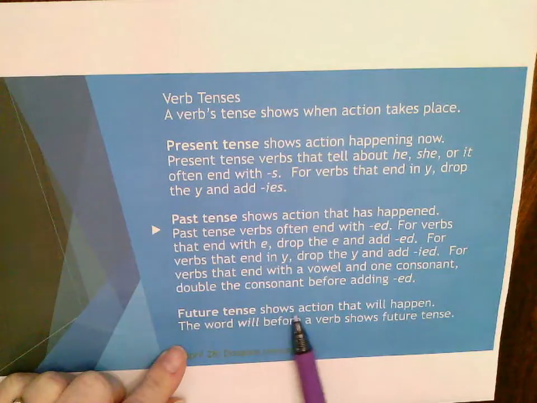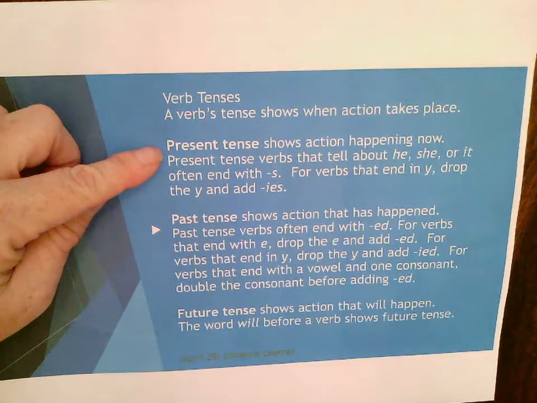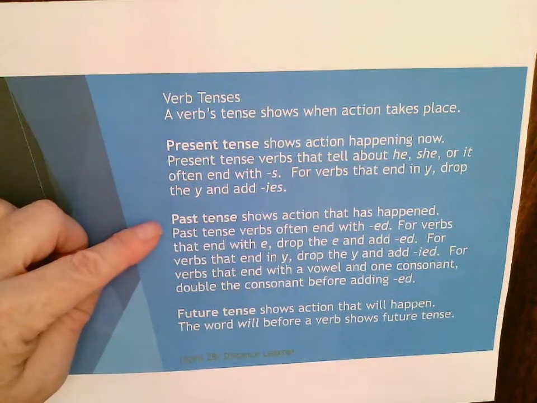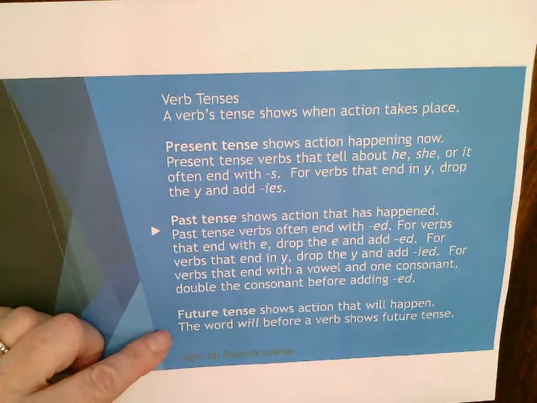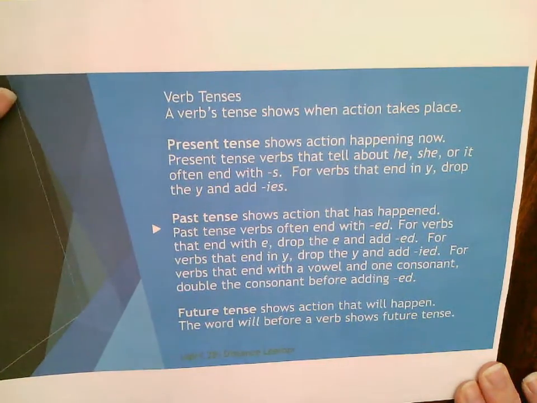The future tense has not happened yet. It's something we're looking into the future, that something will happen. So present tense is happening now, past tense is something that has already happened, and future tense is going to happen and has not happened just yet. Present, past, and future.